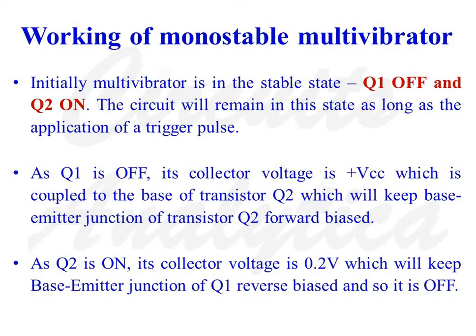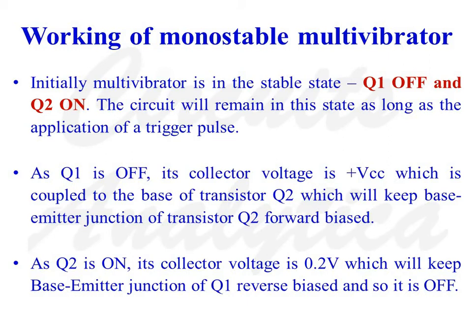Initially, multivibrator is in stable state. Q1 is off and Q2 is on. Circuit will remain in this state as long as there is no application of a trigger pulse. As Q1 is off, its collector voltage is plus VCC, which is coupled to the base of transistor Q2, which will keep the base emitter junction of transistor Q2 in the forward biased condition, and so transistor Q2 will be on.